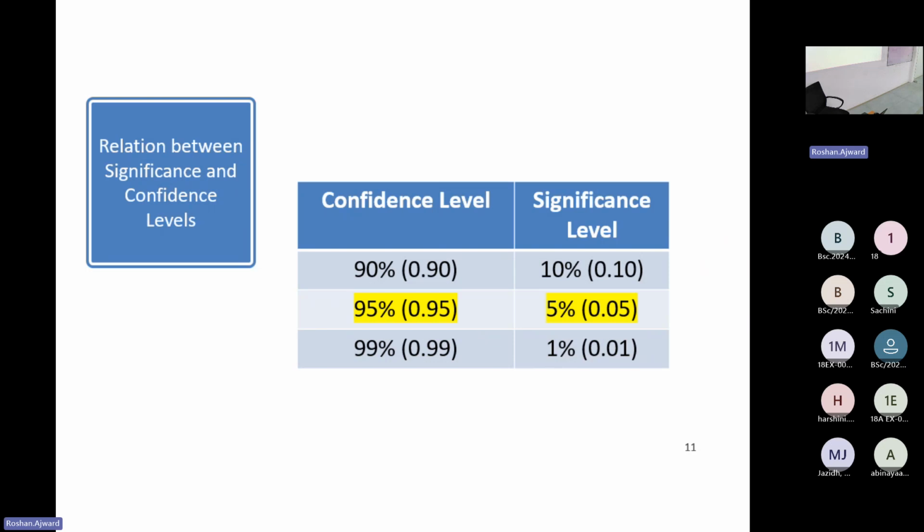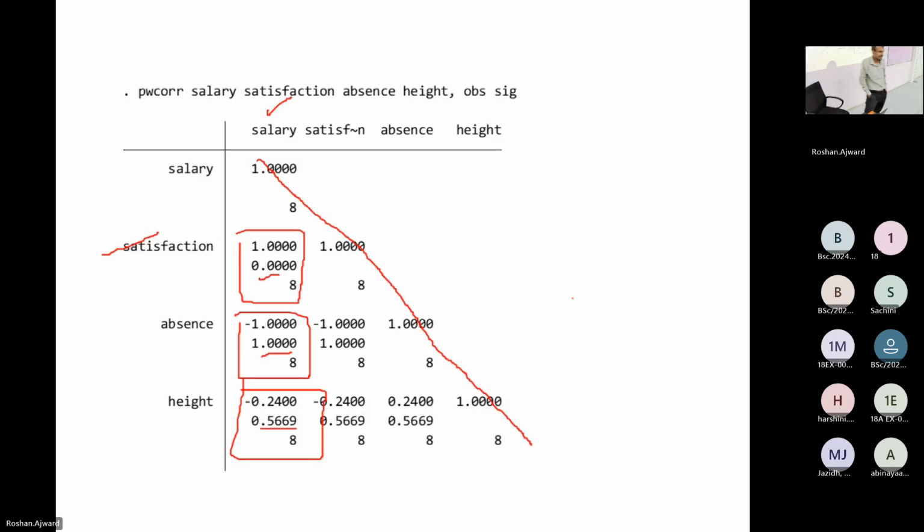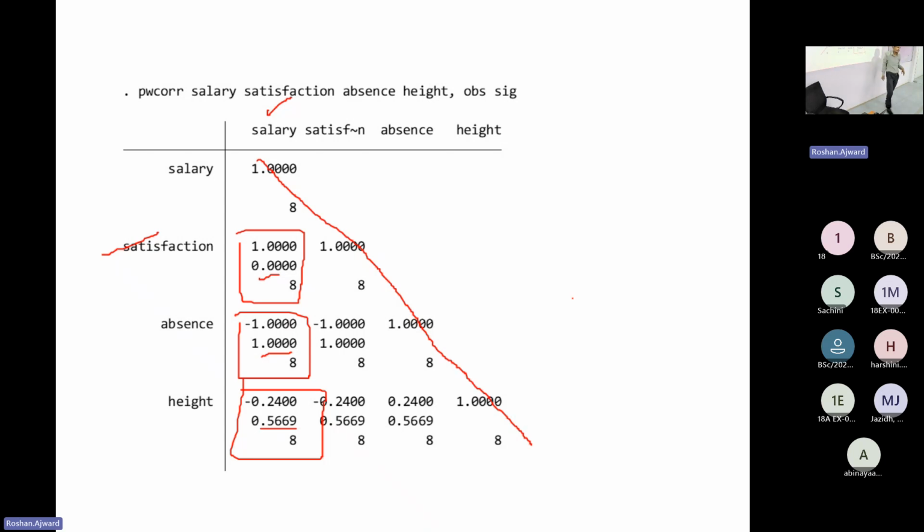Right? Now let's go back. Now look at that. Salary and satisfaction. This value is the significance level. I told you, the second row indicates the significance level. Here it's 0.0000. Then this one is 0.5669.